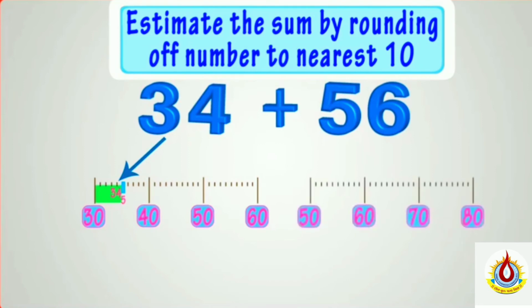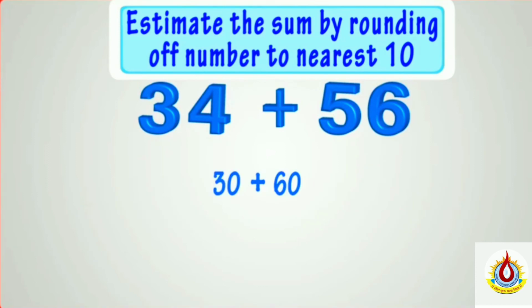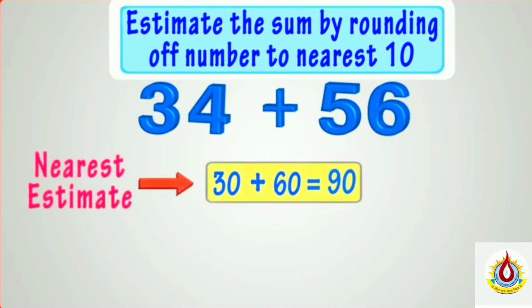Now, let's add the rounded off figures to get the estimate. 30 plus 60 equals 90. The nearest estimate of 34 plus 56 is 90. Now, 34 plus 56 gives us 92 as the actual sum. Here, the estimate and actual sum are almost the same.